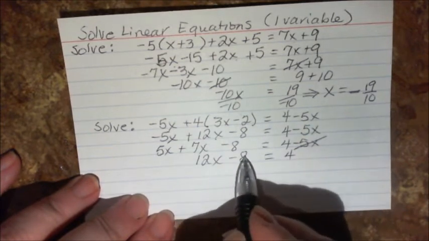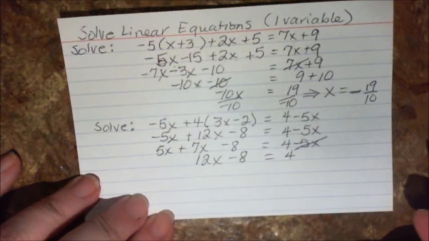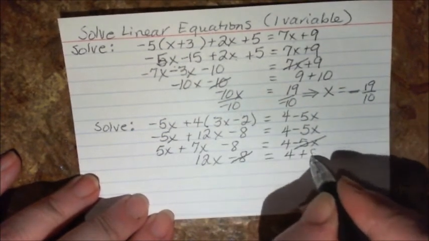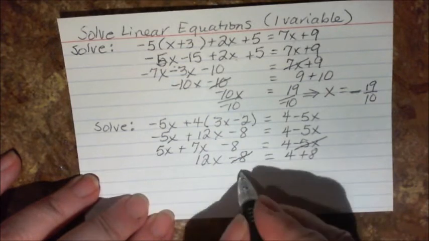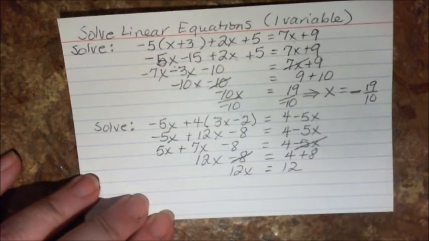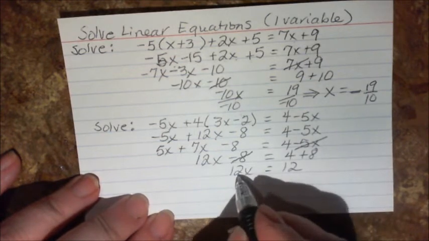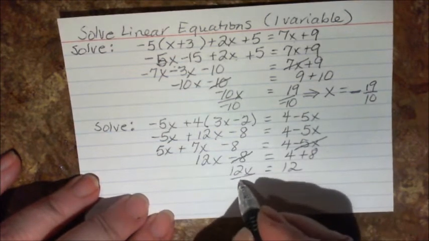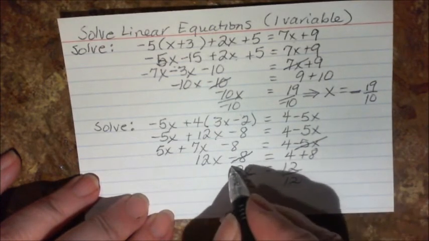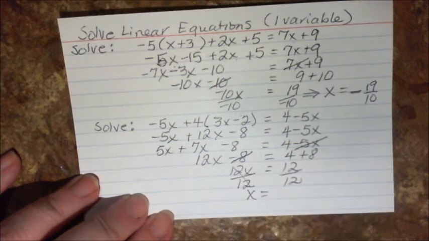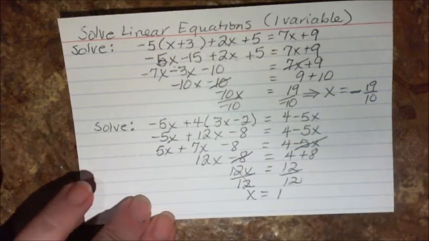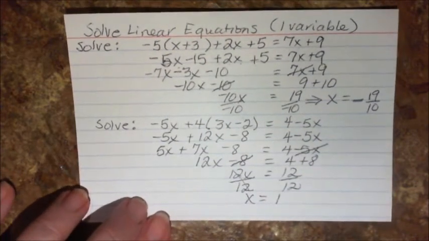I'd like to eliminate the negative 8 on this side, so we could add 8 to both sides. So we add 8 here and add 8 here. This gives us 12x is equal to 12. And we're ready to divide the variable term by 12. And we simplify 12 over 12 to 1. So our solution is x is equal to 1.